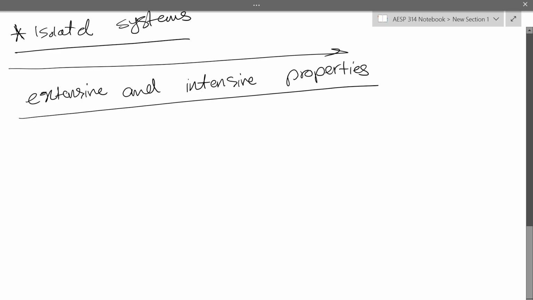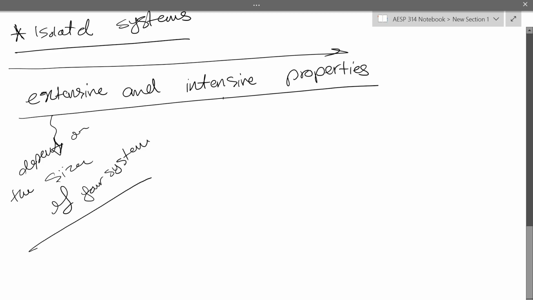Is this something that rings a bell? So extensive properties, in general, are defined as properties that do depend on the size of your system. And we can define intensive properties as properties that are independent of the size of your system.